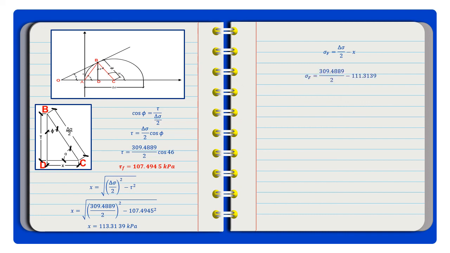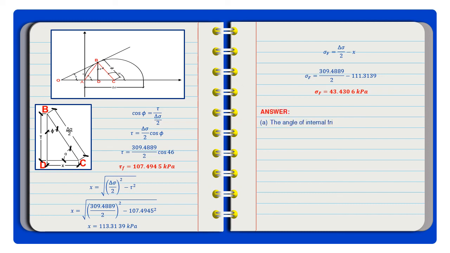Substituting the values, we have 309.4889 divided by 2 minus 111.3139. Calculating that, the normal stress at failure is equal to 43.4306 kilopascals. So, those are the stresses at failure that we are looking for.